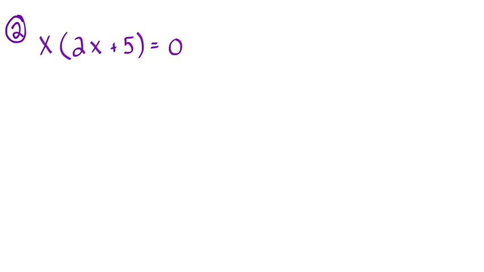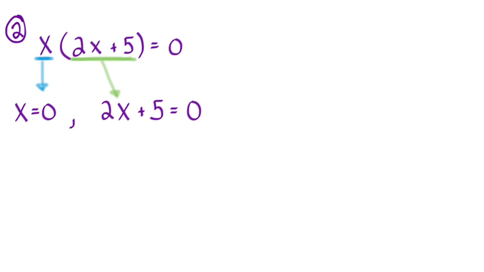So if I have factored out just the x here, so this would have been 2x squared plus 5x, and I factored it using GCF, I would solve saying that when x equals 0 and 2x plus 5 equals 0, and I need to solve.